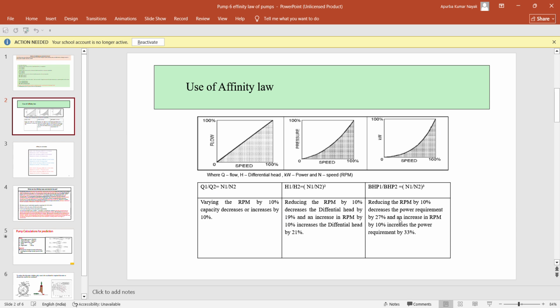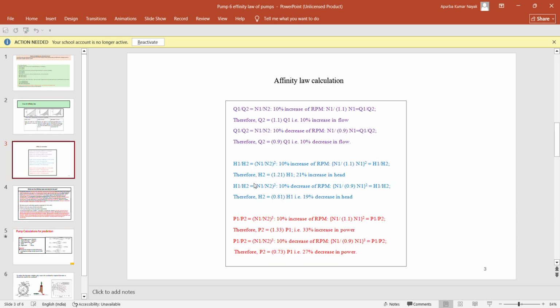Similarly, power is also not proportional, it is to the power cube. If you decrease the RPM by 10%, your power requirement will come down by 27%, and if you increase the RPM, your power requirement will increase by 33%. So you see how 19%, 21%, 27% and 33% have come.